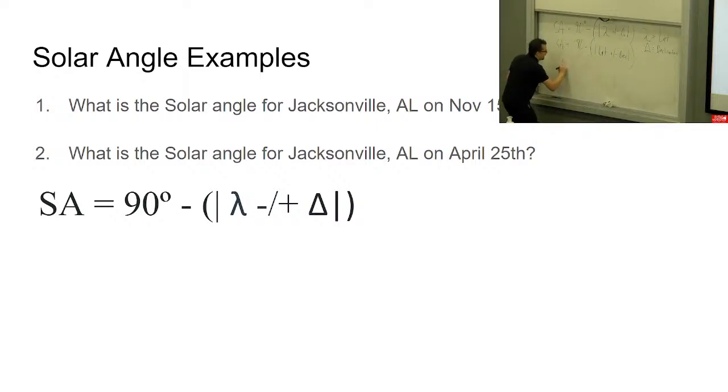Solar angle equals 90 minus, listen, I'm going to champion that you always set your equation up every time you do this. If you are taking the midterm, show your work so I can at least give you partial credit. This is very important, but always set it up. Your parentheses.